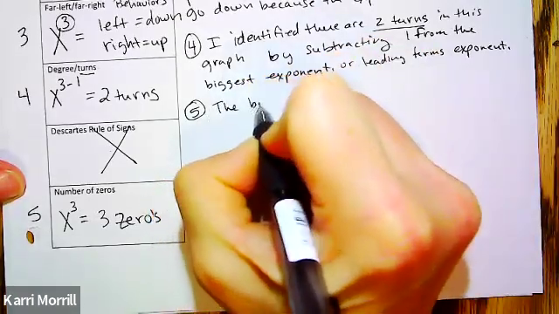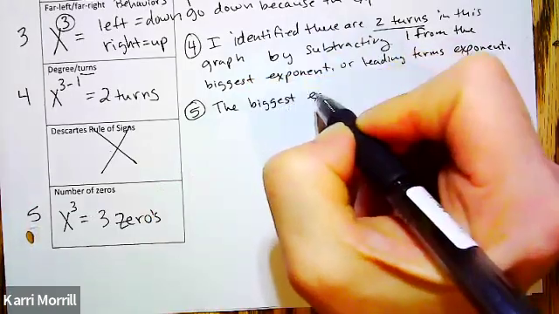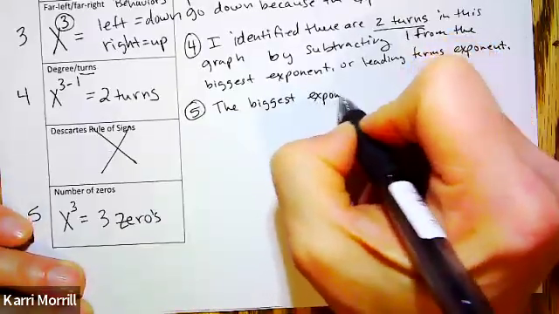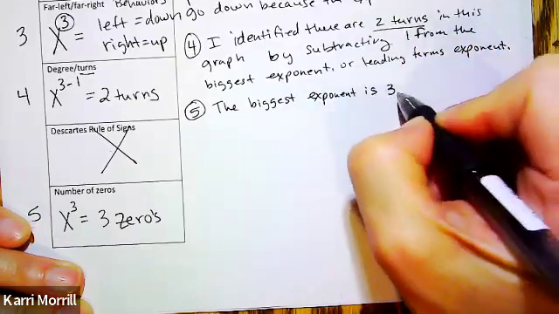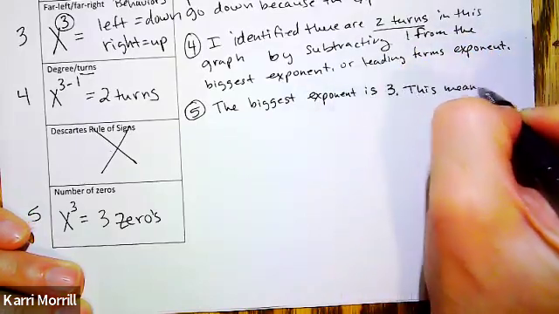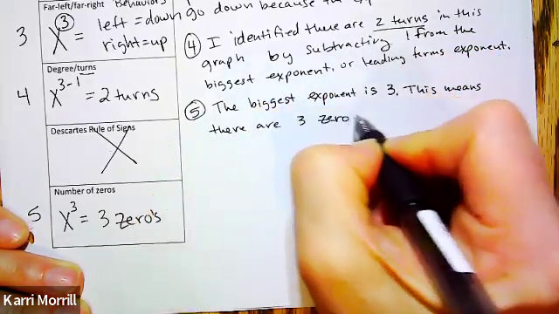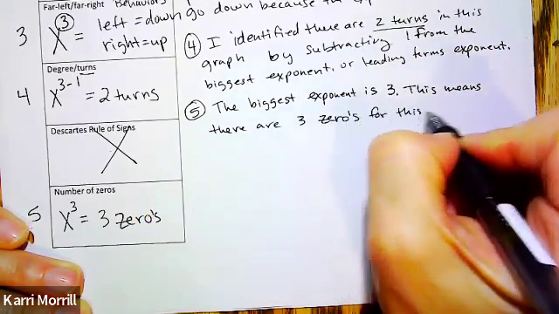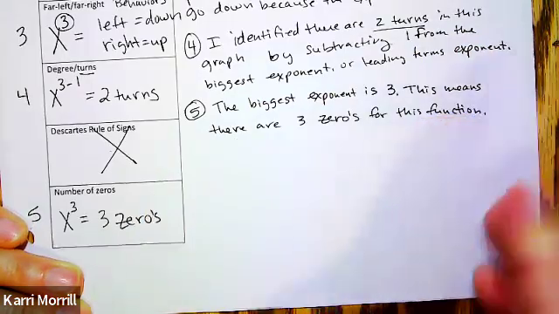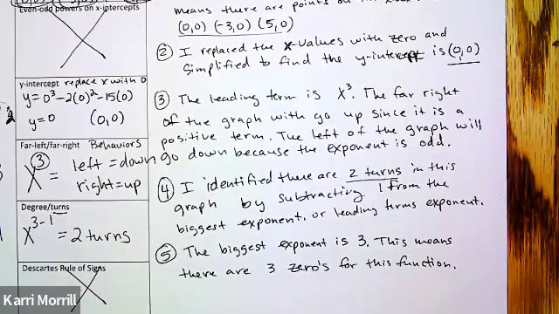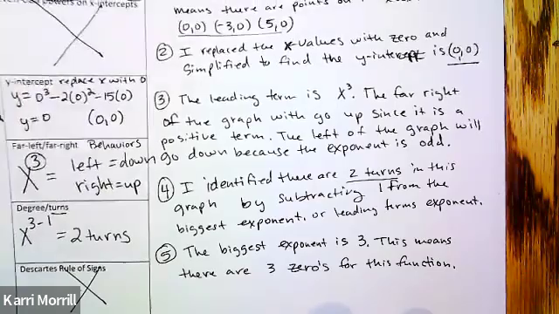I would just state the biggest exponent is 3. This means there are 3 zeros for this function. So all stuff that we say when we're talking about it, and that's really all I need you to put into words, complete sentences. It's not like I take off for spelling. I obviously don't have the best handwriting, but do try to write it in a way that you can read it.